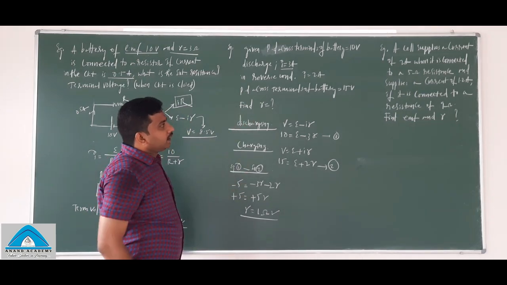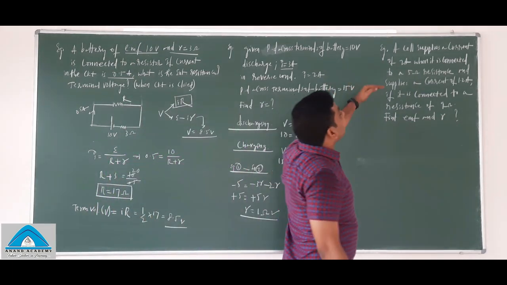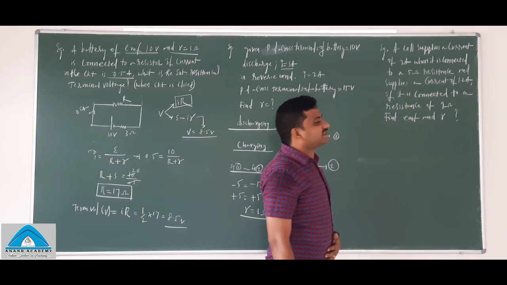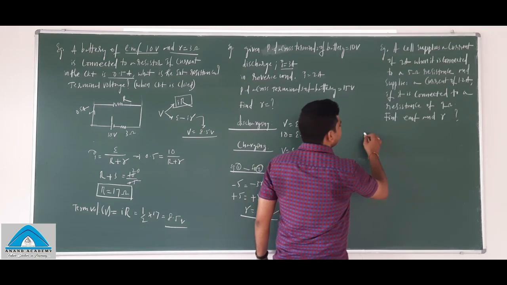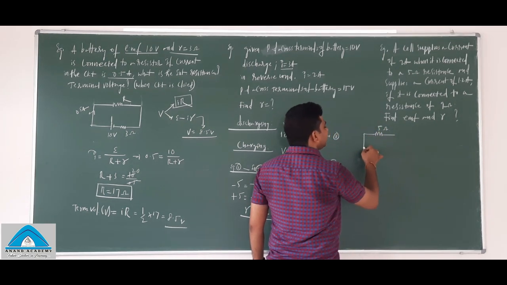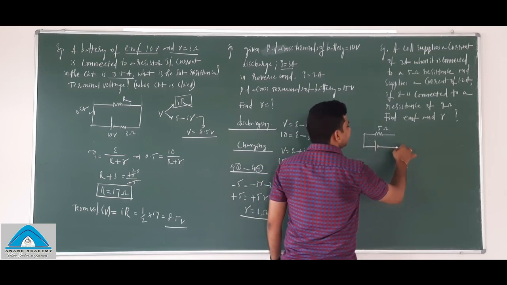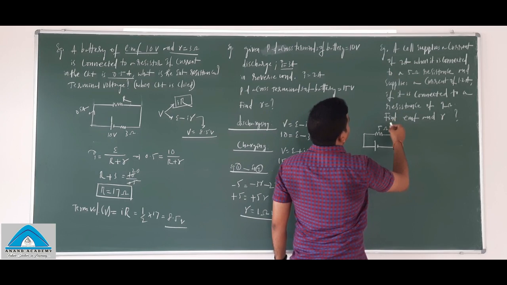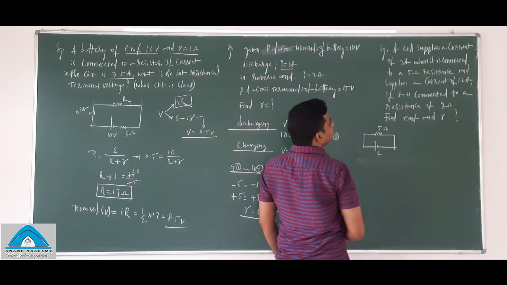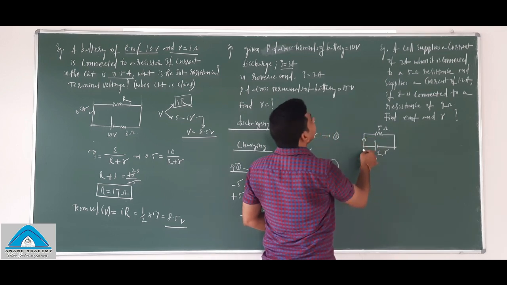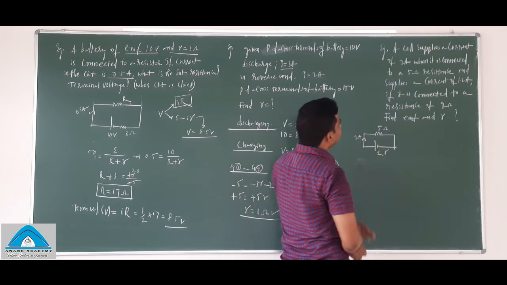Now, a cell supplies a current of 2 ampere when it is connected to 5 ohm resistance. So there is a 5 ohm resistance and there is a cell here. They have not mentioned anything about E and r, just the current supplied is 2 ampere in this case.